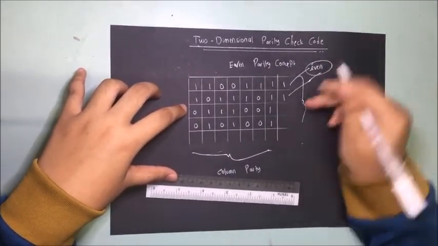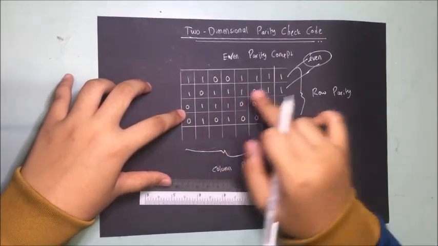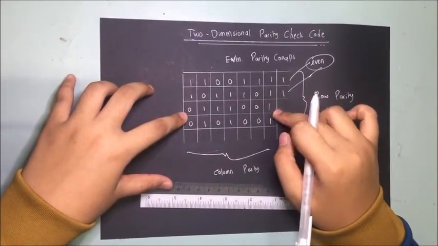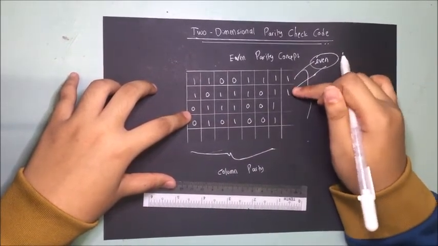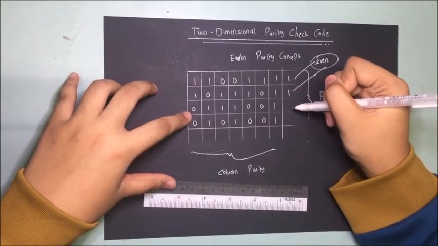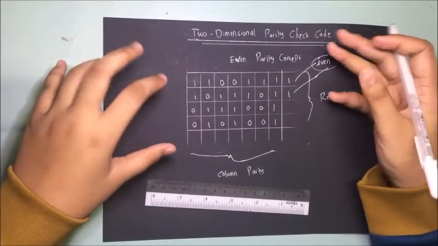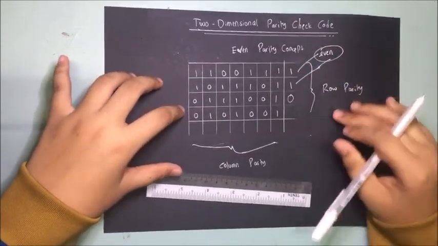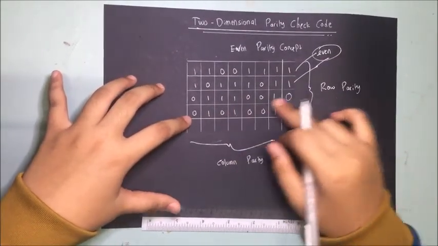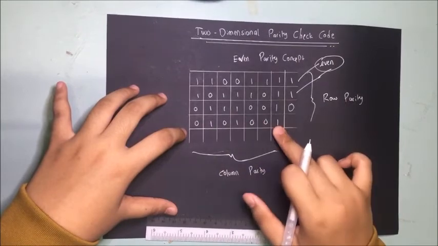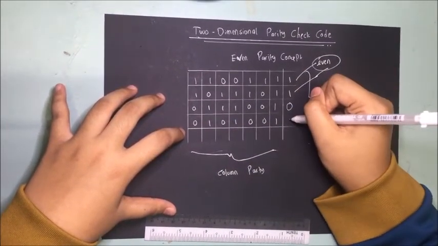Same goes with this. Continue with the third line: 1, 2, 3, 4. So the ones are actually already even, which is 4. It's even, so we don't put 1, because if we put 1 at the end, it's going to be odd. So to keep it even, we just put 0. And then the last one is 1, 2, 3. 3 is an odd number, so to make it even, we add 1.